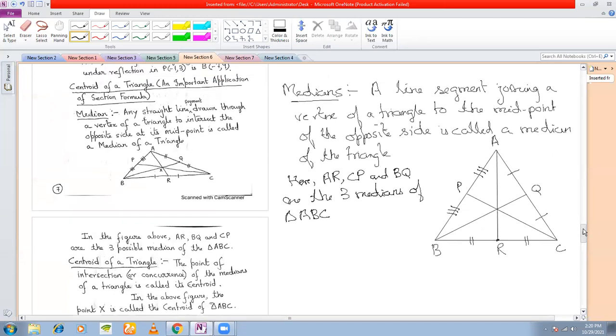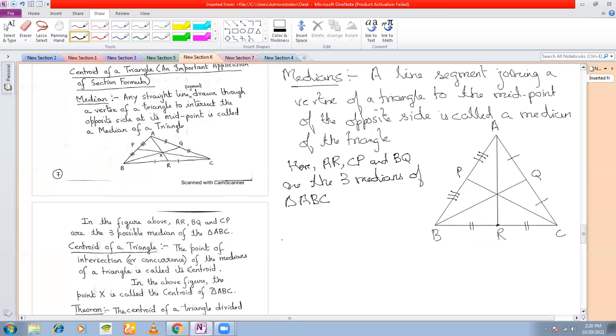Now we define what is called a centroid. This point that you see, the point of intersection of the medians, let us call this M. This point M is called the centroid of triangle ABC.